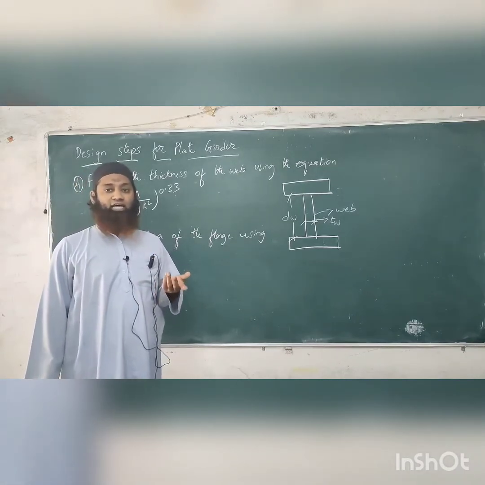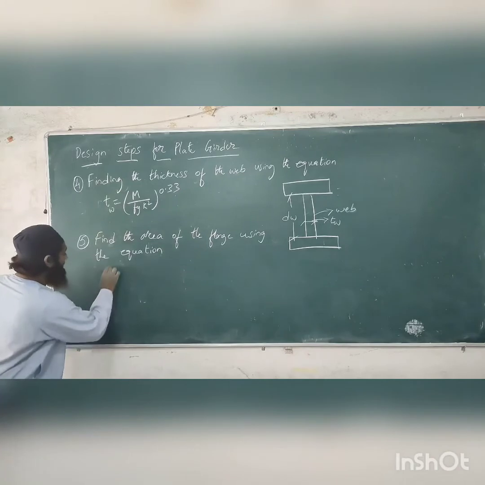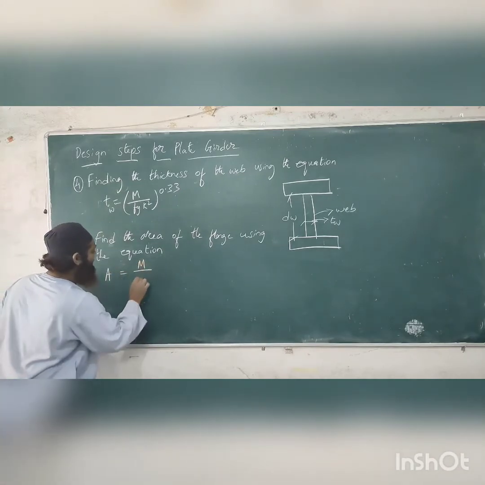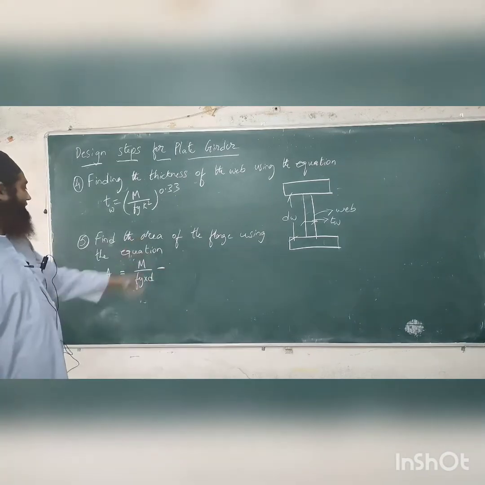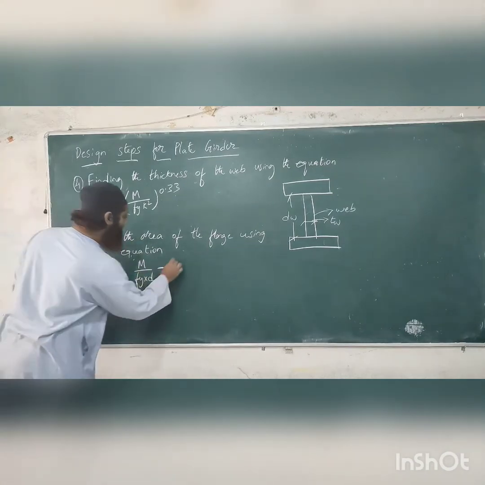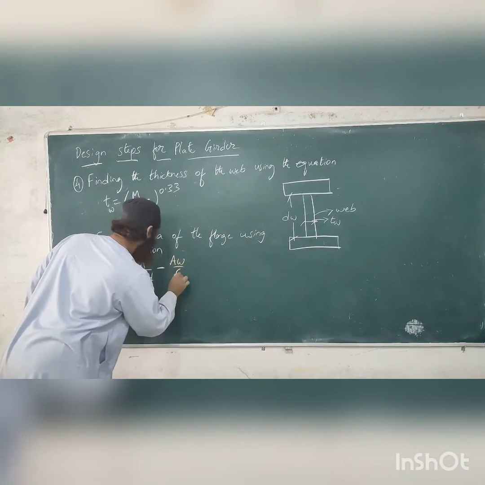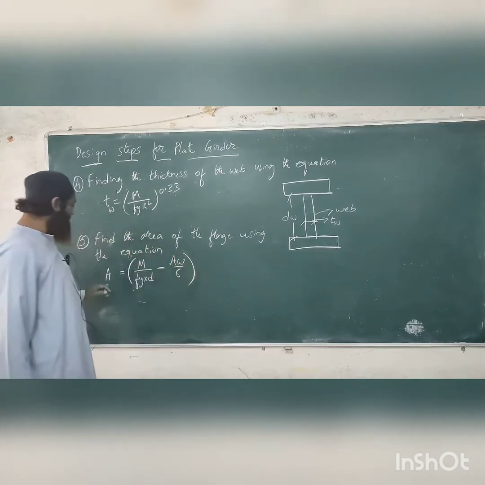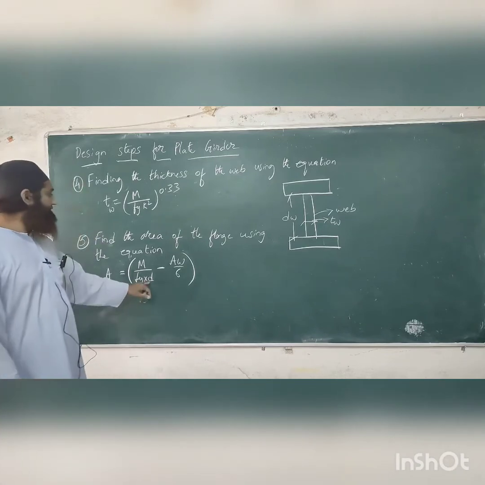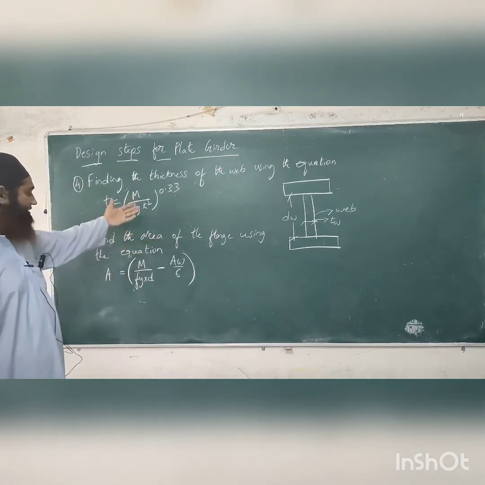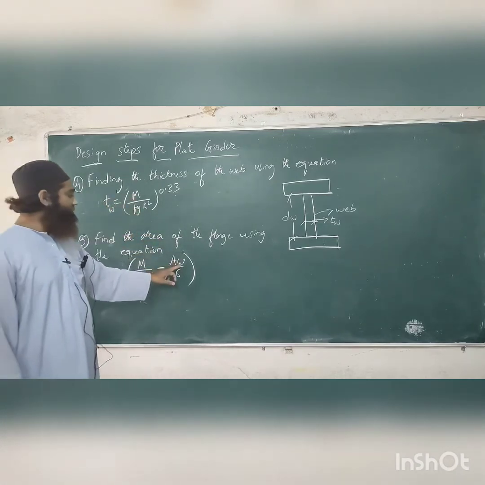The area of the flange can be found by the equation A is equal to M by Fy into (D minus Aw by 6). Here M is the moment, Fy is the yield stress, D is the depth which we have got from the previous step, and Aw is the area of the web.